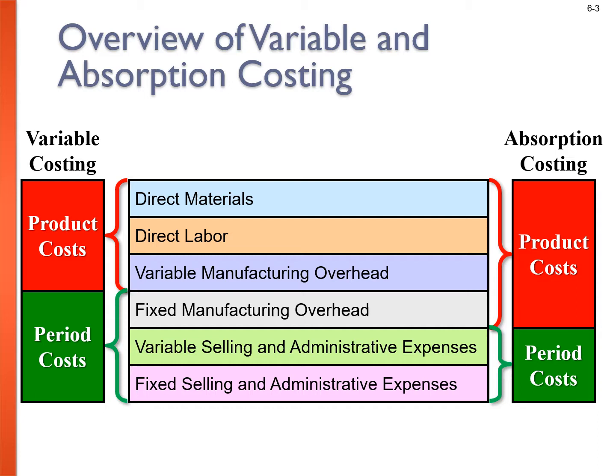Fixed manufacturing overhead and both selling and administrative expenses are period costs. When it comes to absorption costing, direct materials, direct labor, and both manufacturing overheads are product costs. And then your selling and administrative expenses would be period costs.